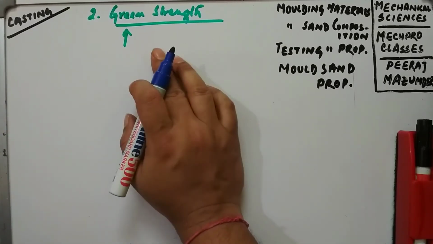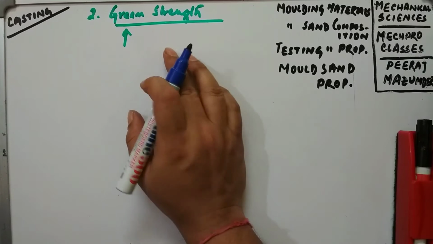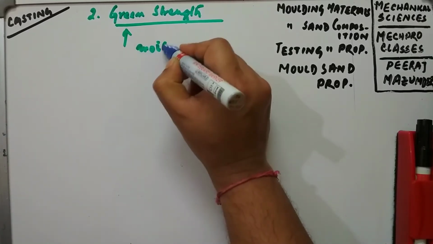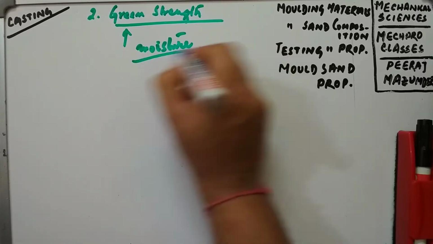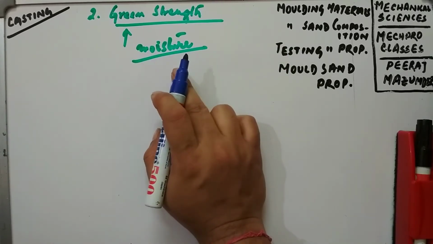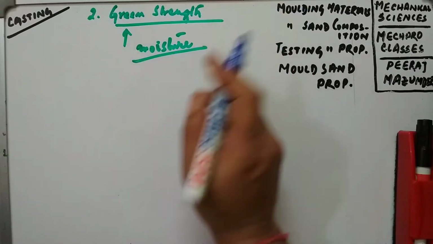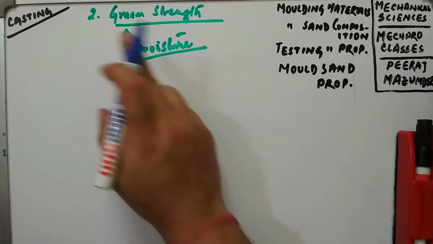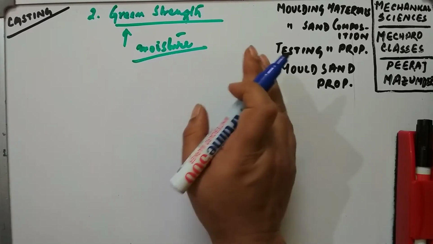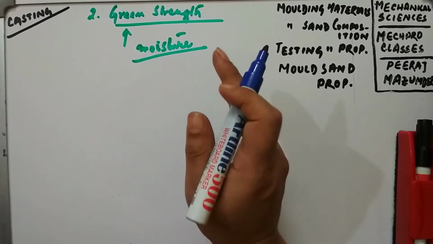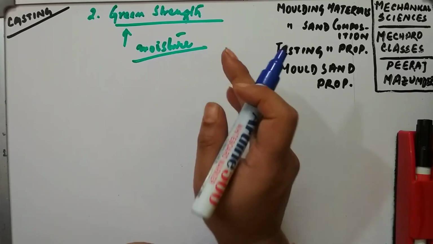Look, the molding sand that contains moisture is known as green sand. Okay, so as it is containing moisture, the molding sand is known as green. And green sand is that sand which contains moisture. Okay, now the green sand should have enough strength so that the constructed mold retains its shape.